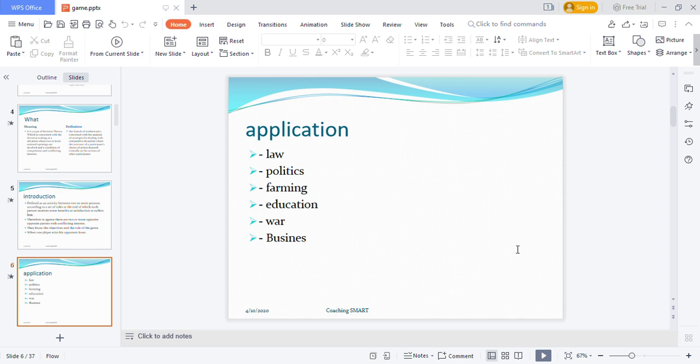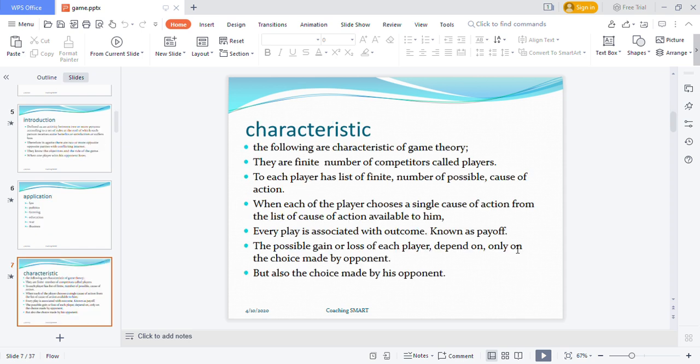In business, competition in business, business of different levels and dynamics, game theory is applicable. Now, what are the characteristics of game theory? So the following are the characteristics of game theory. Number one, there are a finite number of competitors called players. So the people involved as players are finite.